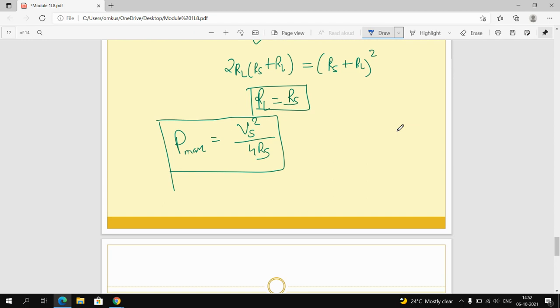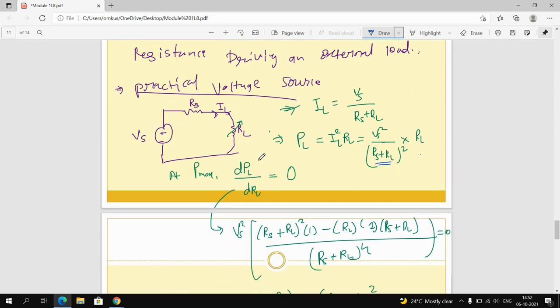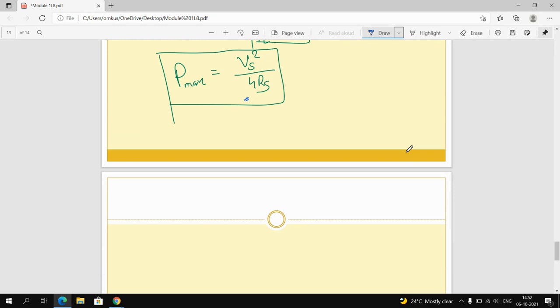That's why here it is 4Rs, and one term from this cancels out. So net what remains is Vs square by 4Rs.